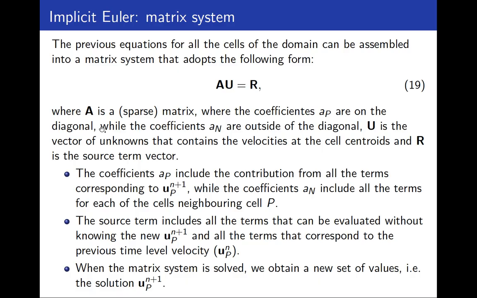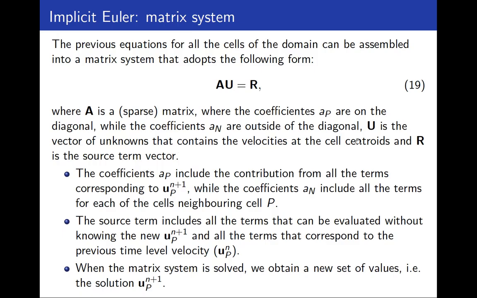The coefficients AP, which appear here, will appear on the diagonal of the matrix A, while the coefficients AN will be outside of the diagonal. The coefficients AN will include all the terms for each of the cells that are neighbors of cell P. AP will include the contributions from all the terms corresponding to the velocity at the new time level.